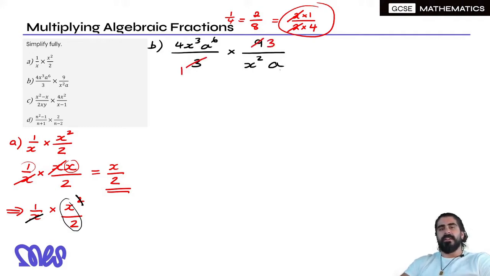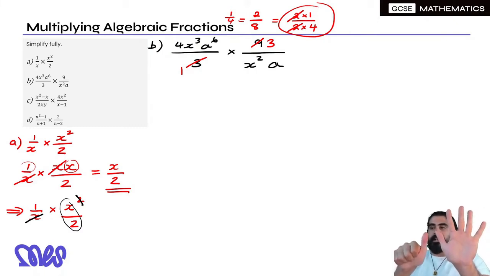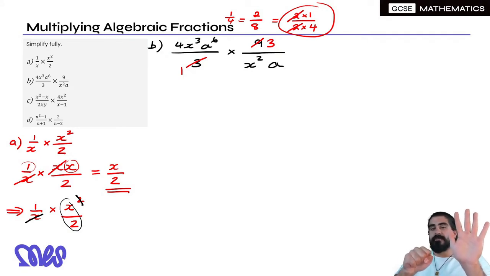Okay, the next thing is, I can see an a to the power of 6, and I can see an a in the denominator. They will cancel each other out. Now remember what a to the power of 6 is. It's a multiplied by itself 6 times. So the a in the denominator will cancel with one of the a's. So we're left with a to the power of 5. So how do we show that?